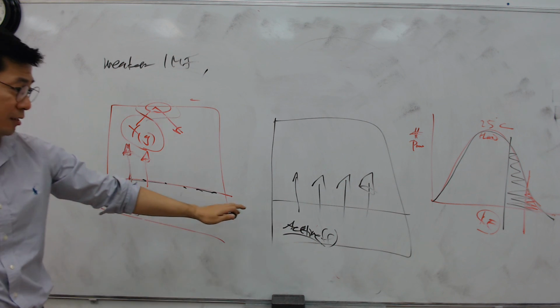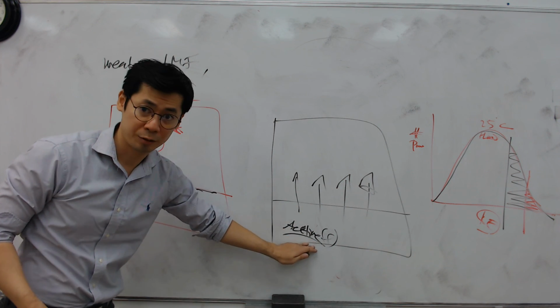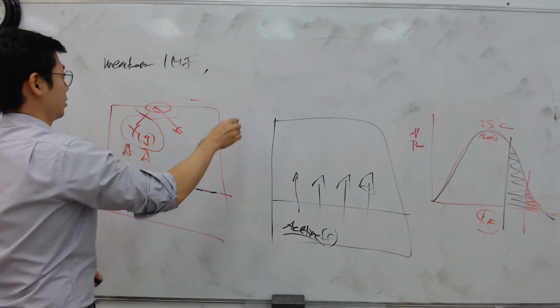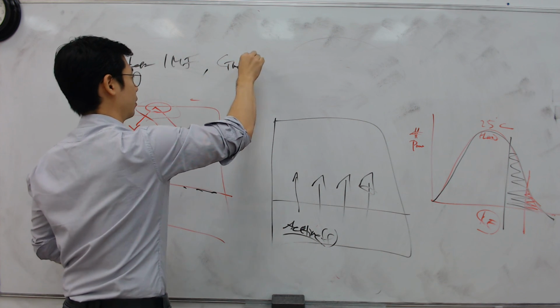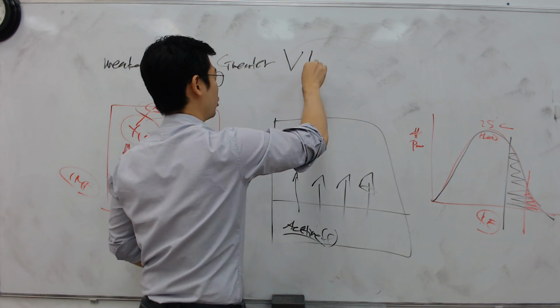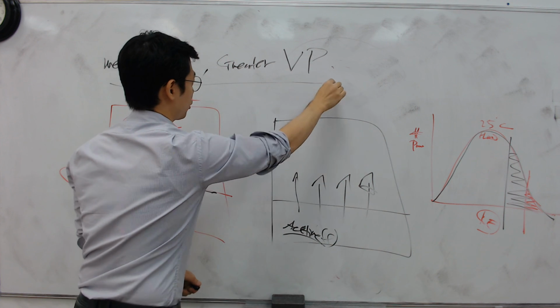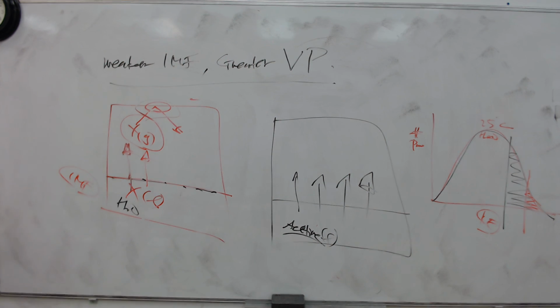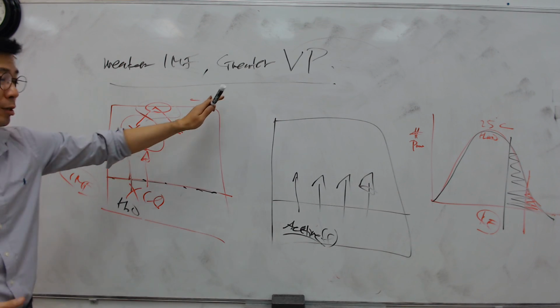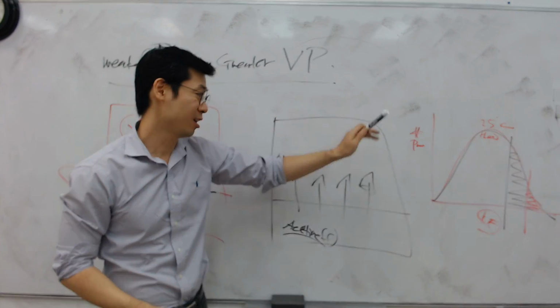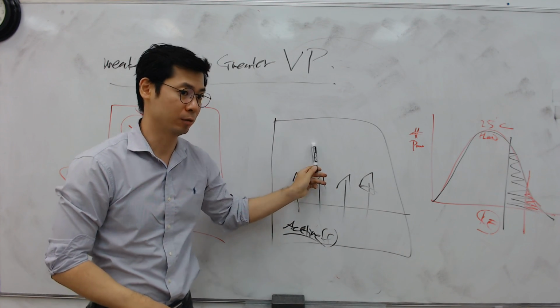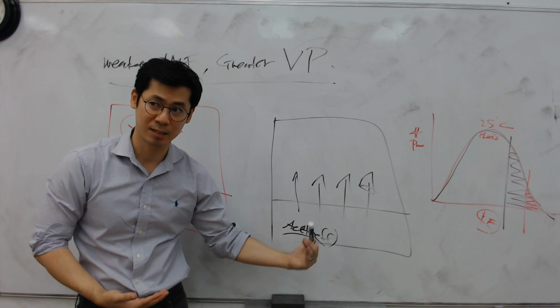Think about it. There are more particles turning to gas, which results in greater vapor pressure. You need to understand this, okay? So weaker IMF, greater vapor pressure, because more of the particles have turned into a gas. Okay?